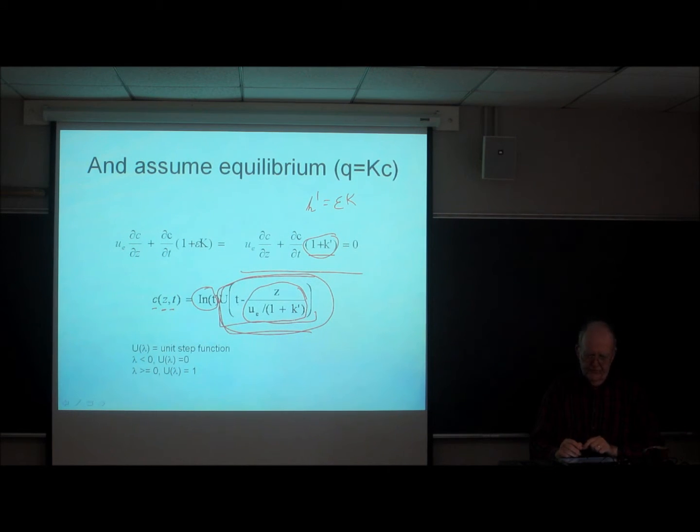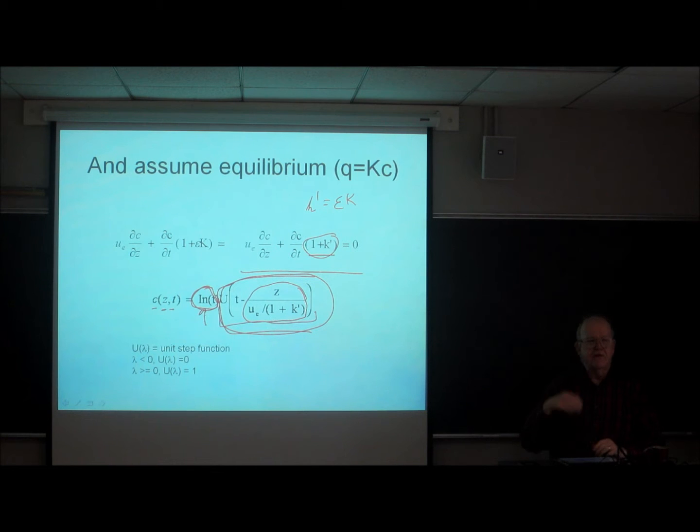When t is equal to or greater than z over this stuff, the unit step goes straight up to 1 and stays there for all times greater than that number. And the concentration then is this function of time times 1. So you've got to know this function of time.